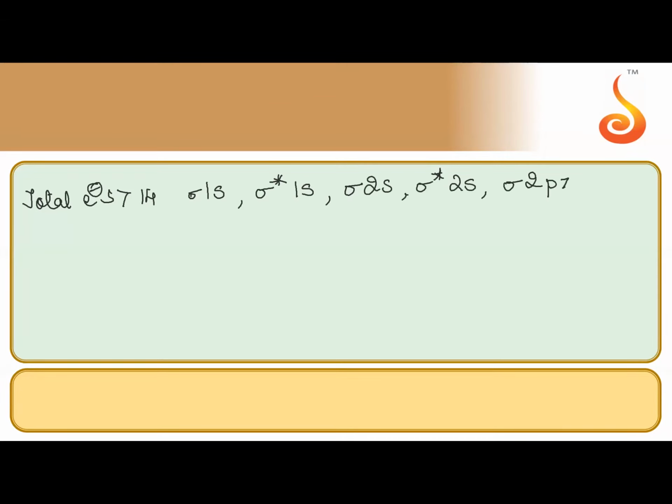Now come your p orbitals. Sigma 2pz comes first, pi 2px, and it is equal to pi 2py. Sigma is not equal, pi and pi are equal. To memorize this, you write it symmetrically, meaning all pi you put together. So now I'll put pi star 2px equal to pi star 2py.